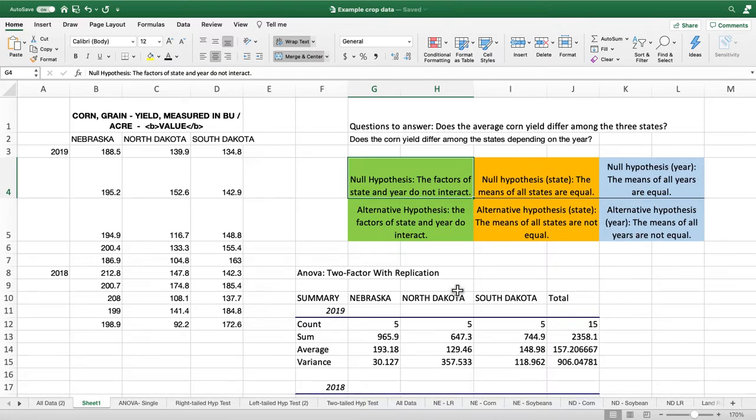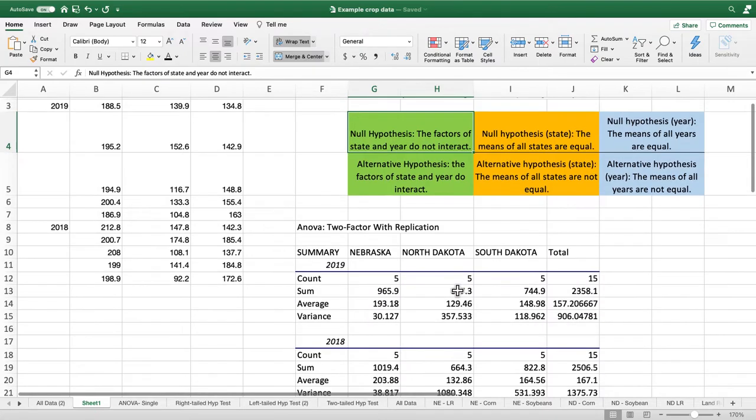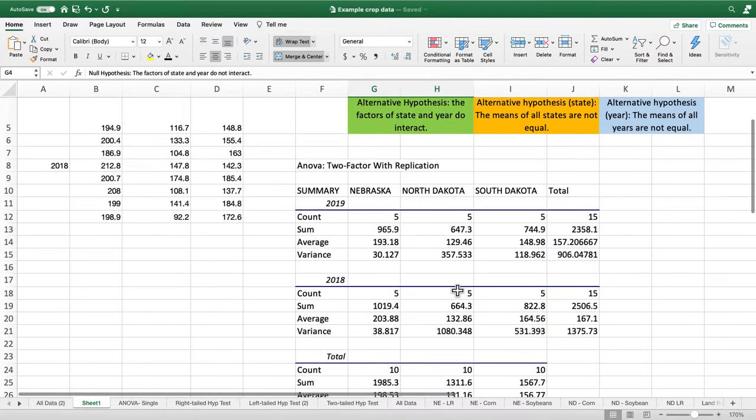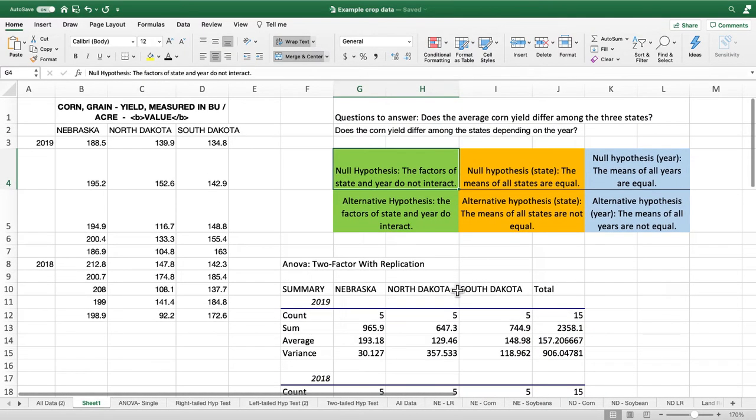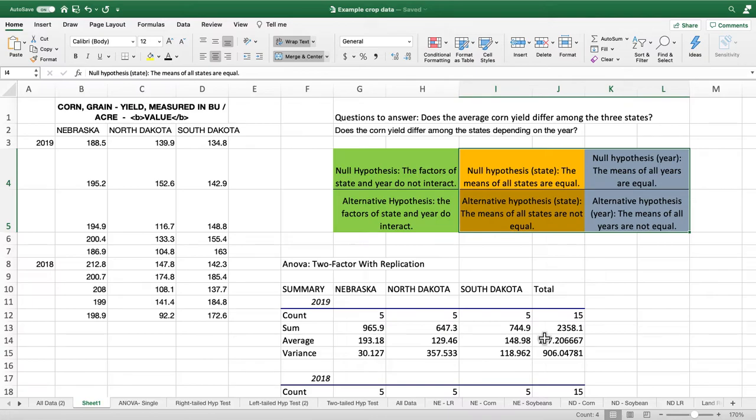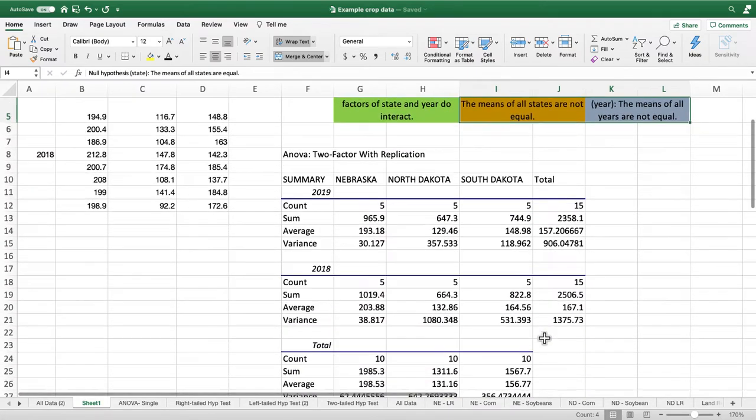Now we've got to use that Tukey-Kramer test again to figure out, okay, we know that the factors do not interact, so now we've got to figure out these null hypotheses and see if they actually show means being equal or unequal.